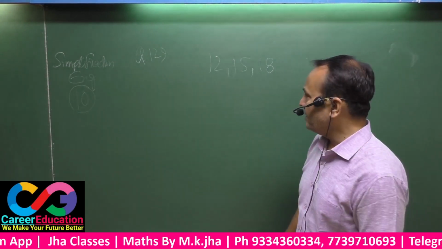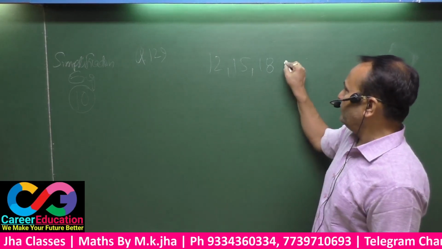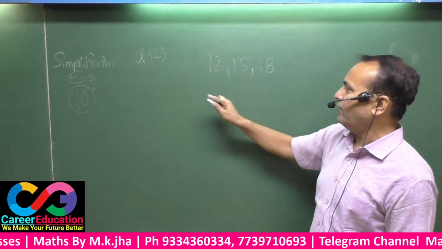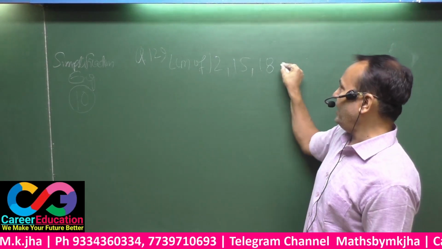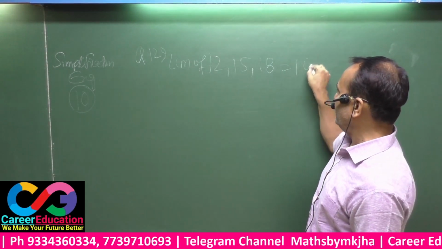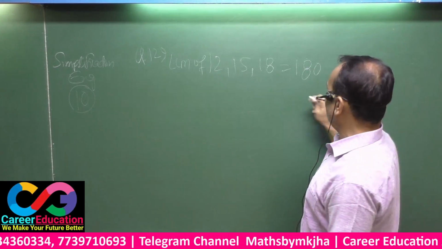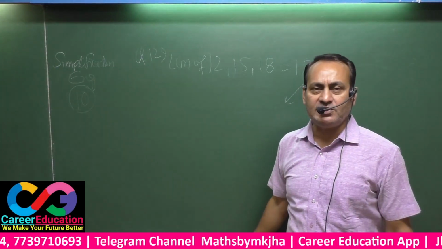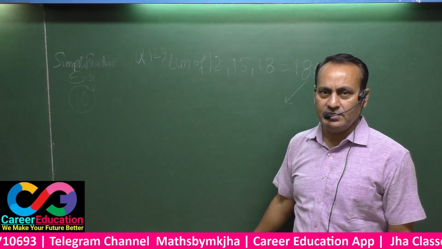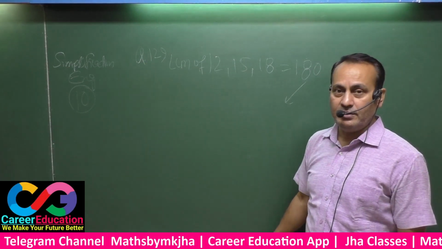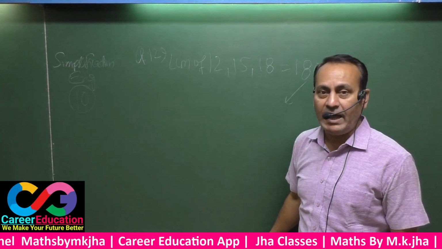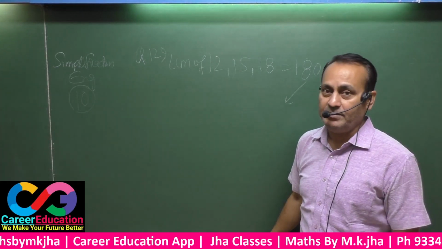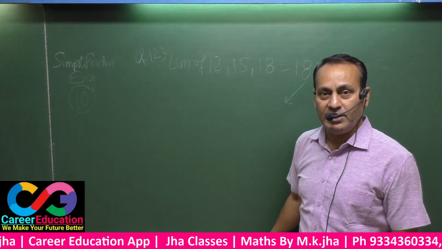That means firstly you will have to take the LCM of 12, 15 and 18, that is 180. Then, since the number of persons arranged in a hollow square is all the time a multiple of 4, as the formula was 4d(n minus d), your number must be a multiple of 4.